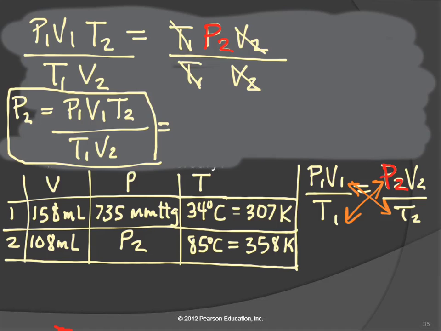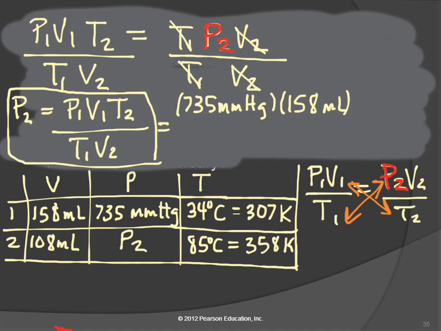That's like the first thing is the table. The second thing is the equation. And now we take the things from the table and plug them in. And so we're going to find P1. Okay, so that's 735 millimeters of mercury. Write the units. And V1 is 158 milliliters.